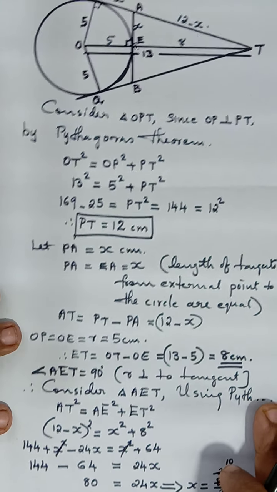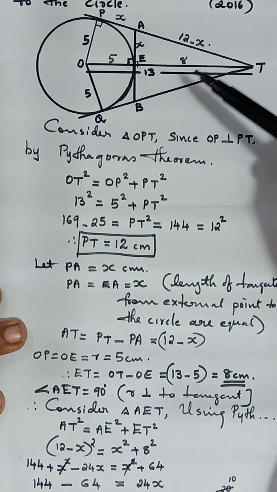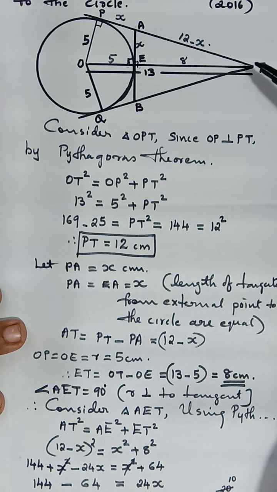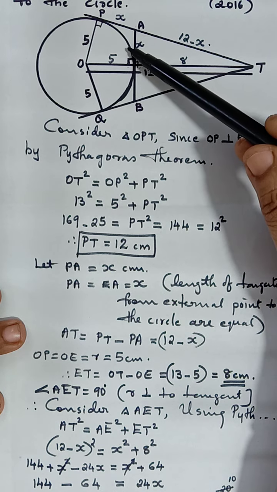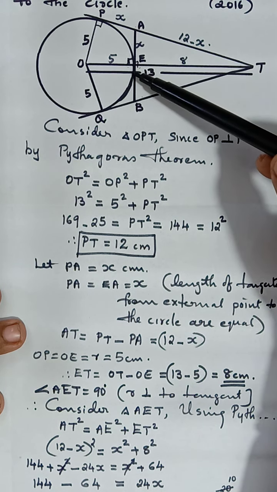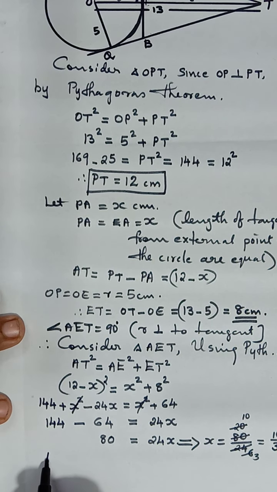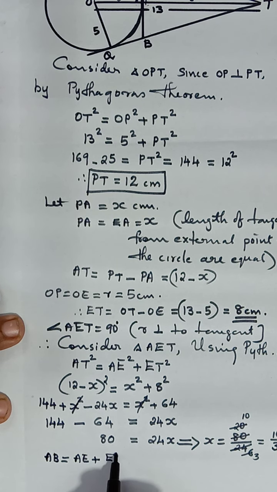Is AE equal to EB? What is the reason to say that AE is equal to EB? The reason here is AT is equal to BT and OT is drawn perpendicular, so it bisects. Therefore, both are x. AE equals EB. Therefore, AB is equal to AE plus EB.